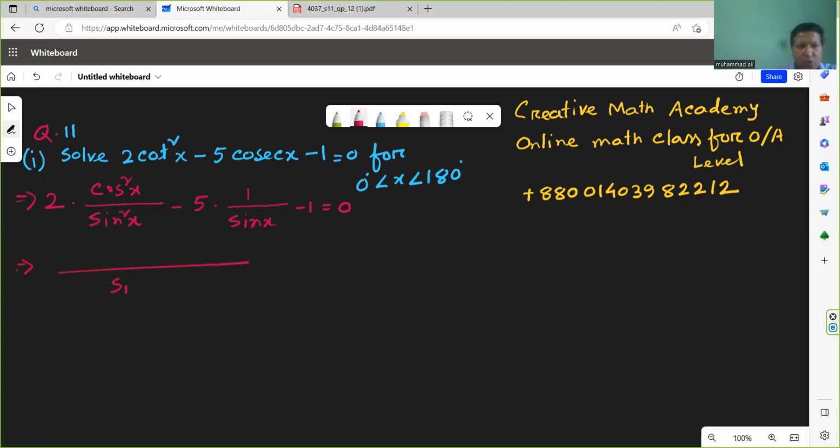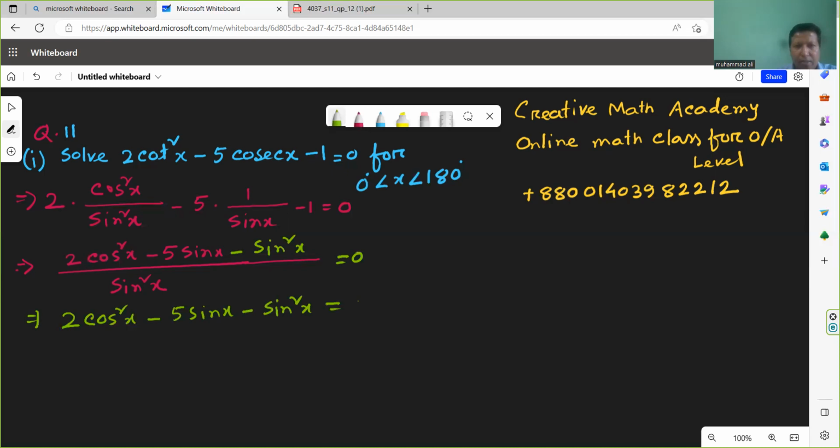So sine square x, 2 cos square x minus 5 sine x minus sine square x equals 0. Now, if we do the cross multiplication, on the left side we will get 2 cos square x minus 5 sine x minus sine square x equals 0.